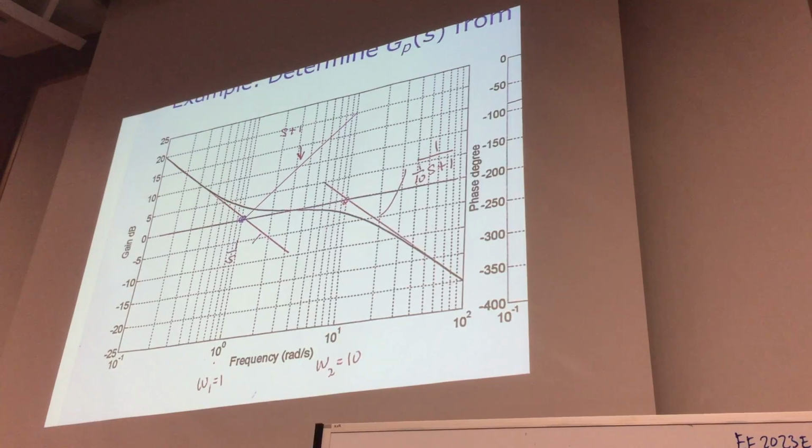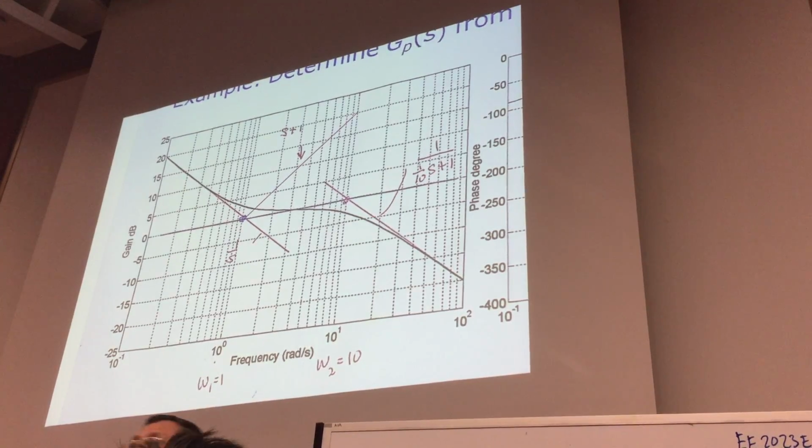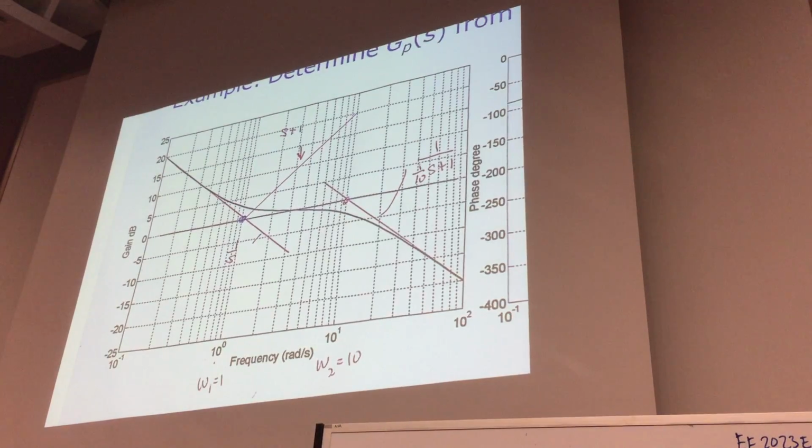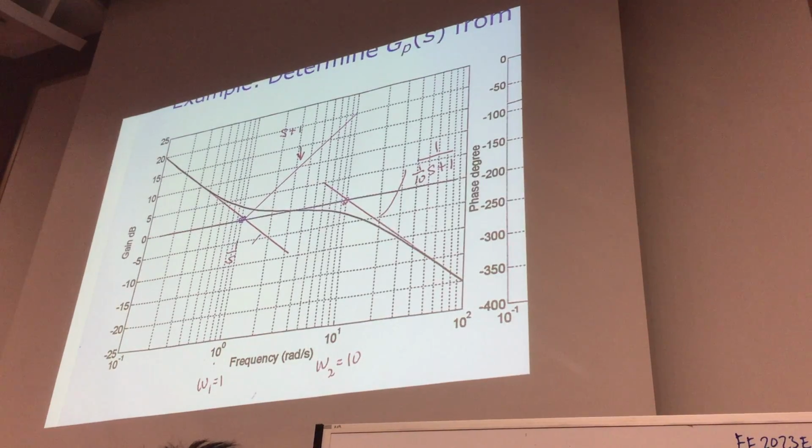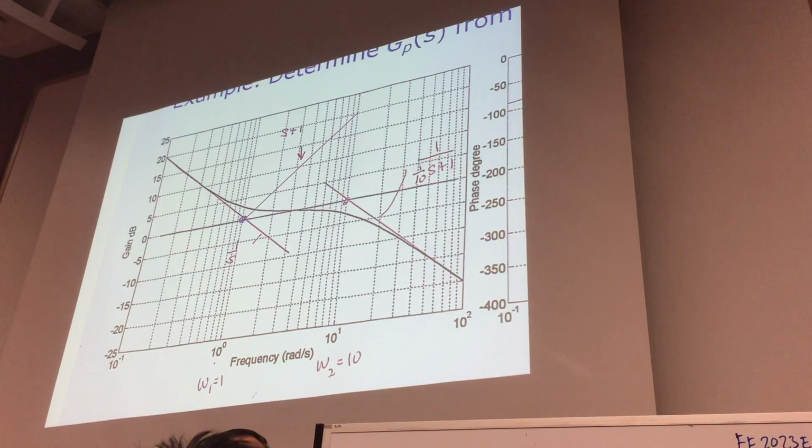And we saw that in the phase Bode plot, it did not go down and did not flatten out. So we also know that there is the e to the minus Ls delay term there. We've got to find what capital L is. Okay, so how do I find K?